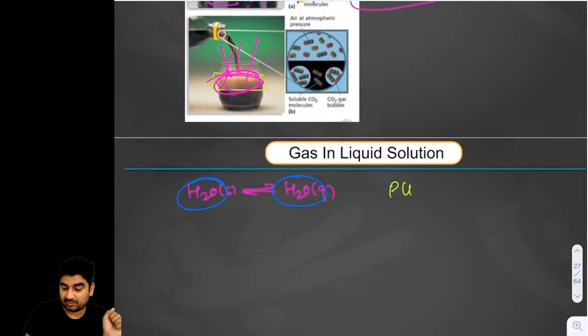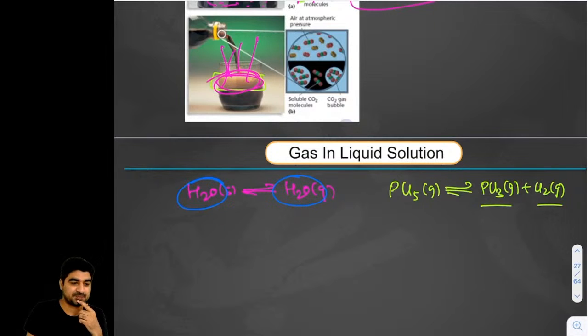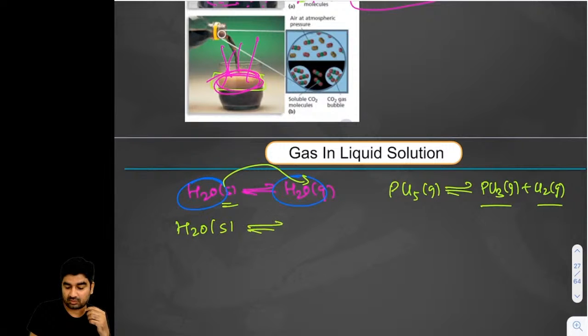In chemical equilibrium, there will be a reaction. So conversion of ice into steam or conversion of ice into water, these are all examples of physical equilibrium.